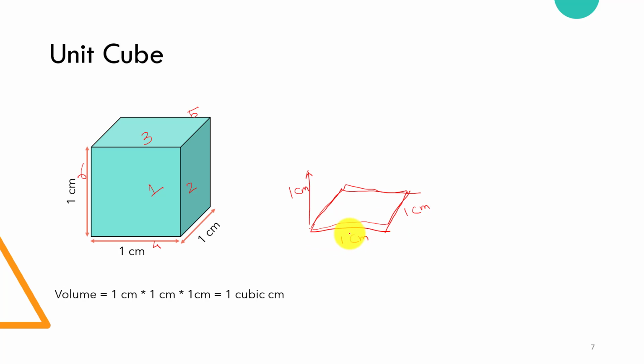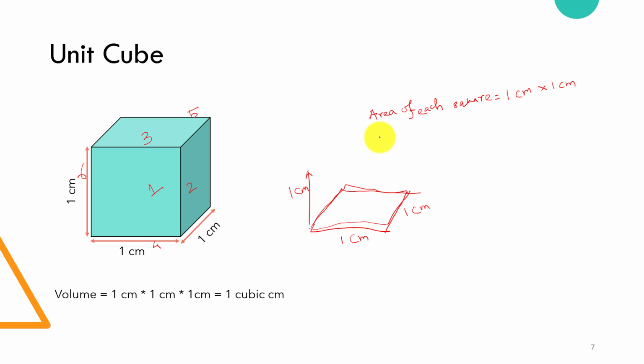So the area of each square is 1 centimeter into 1 centimeter, and with this area we are reaching a height of 1 centimeter.